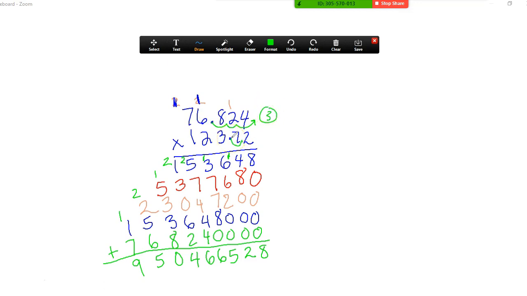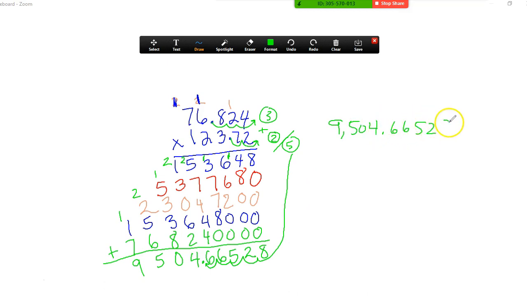We're going to swing 1, 2 to come out. We're going to add these together for 5. We're going to swing into our answer. 1, 2, 3, 4, 5. Just be very careful. So the final answer to this is 9,504. And then we have these series of numbers.